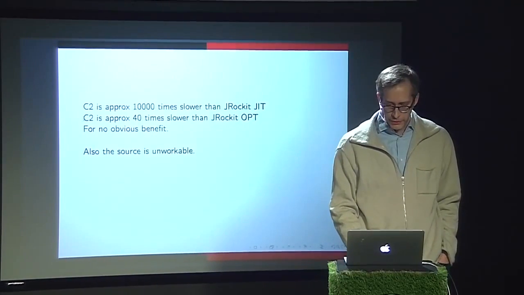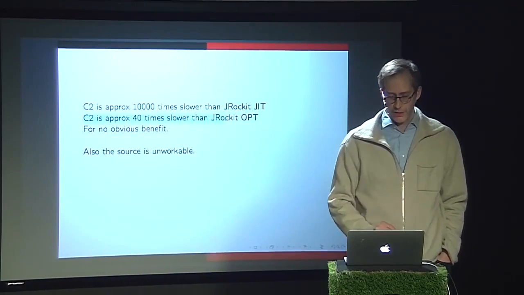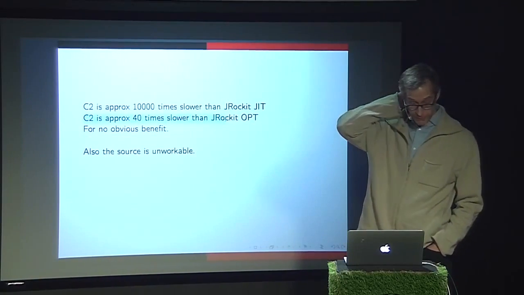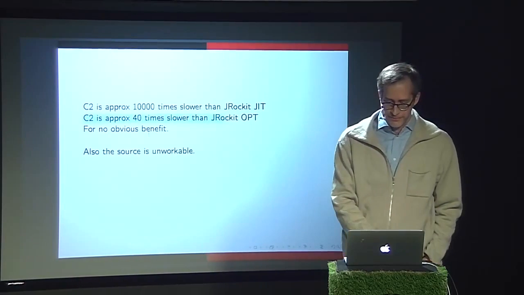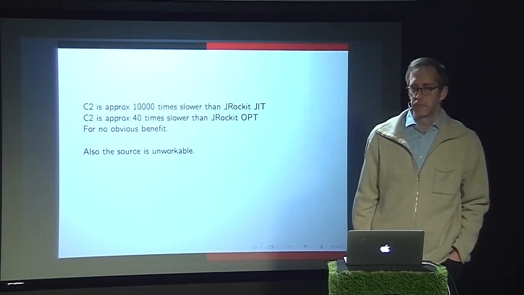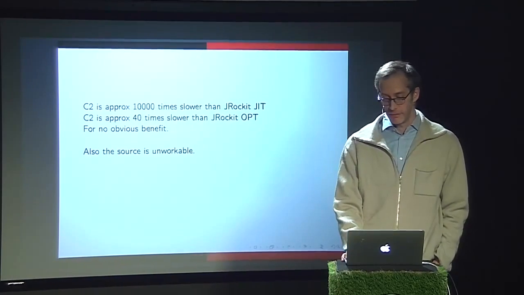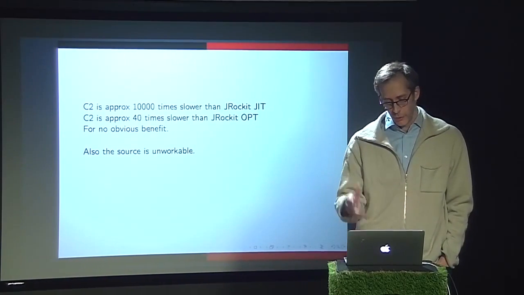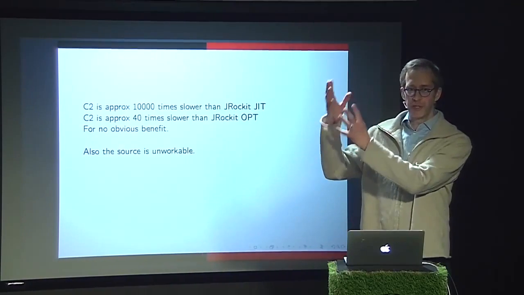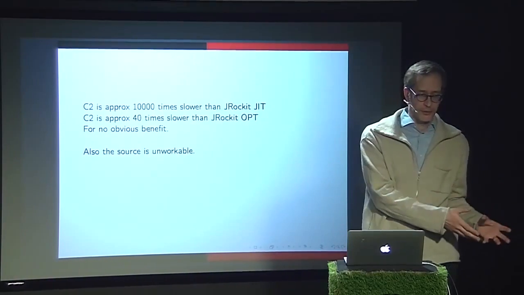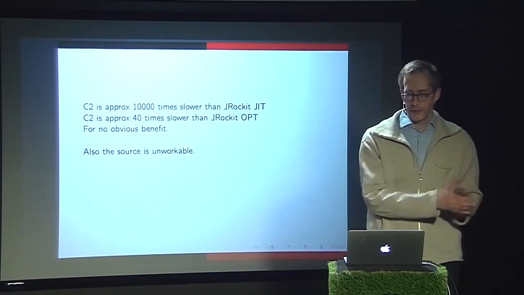So what we really should compare is that C2 is 40 times slower, only 40 times slower, than JRockit optimization. And there is no particular difference in performance. There are always micro benchmarks that will show you this one is enormously better on this particular benchmark, or JRockit is this much better on this micro benchmark.